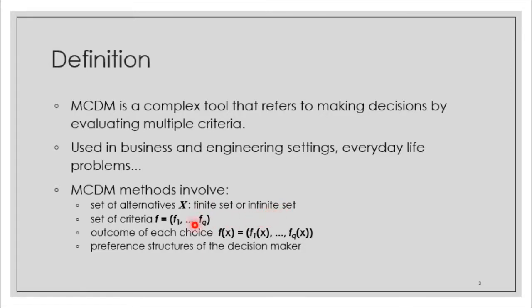Next, we have the set of criteria, which represent the different perspectives and angles from which we will be looking at and assessing these alternatives. Next, we have the outcome of each choice. The outcome is bound by the weight of the criteria which we chose earlier. And we have the preference structures of the decision maker, which will tell us how difficult or how easy this problem is going to be.